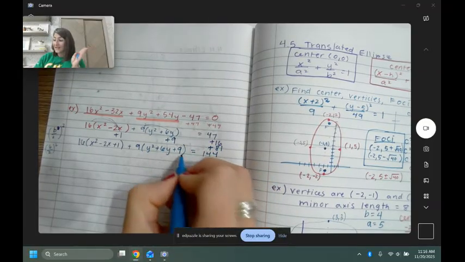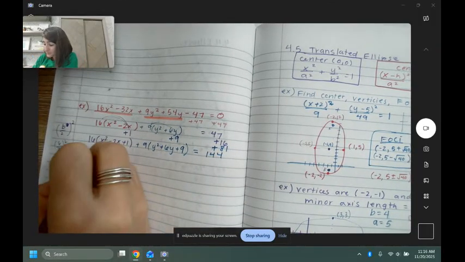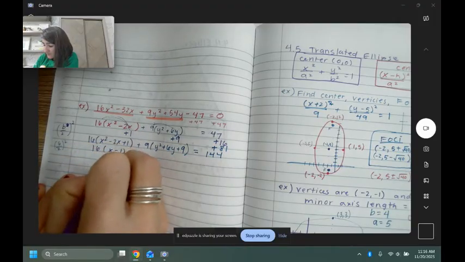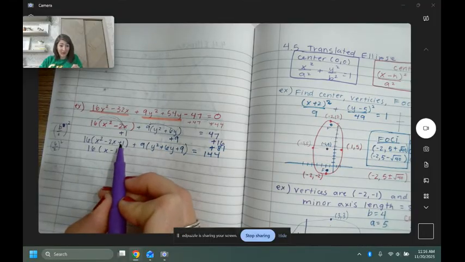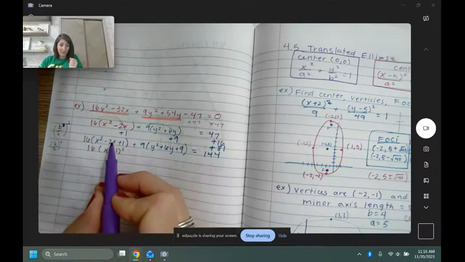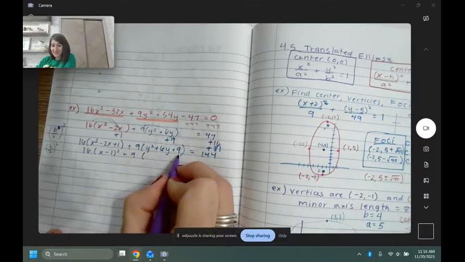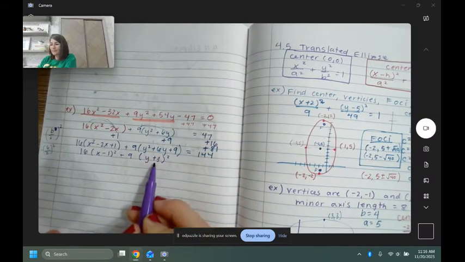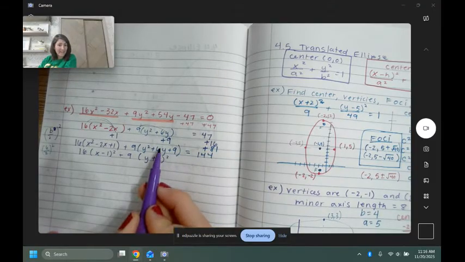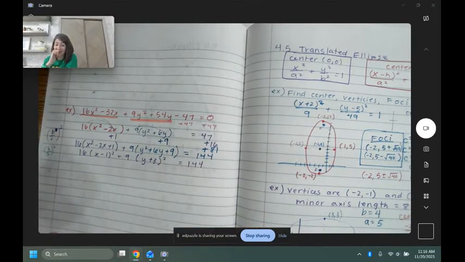Okay. Now I can rewrite this a little bit. I'm not going to do any math here. I'm just going to rewrite this in factored form. Because here, -1 times -1 is +1, and -1 plus -1 is -2. And I can do the same thing here because I completed that square with the 9. 3 times 3 is 9. 3 plus 3 is 6. So I didn't change anything there. I just rewrote it.